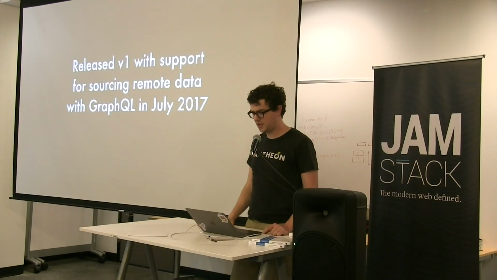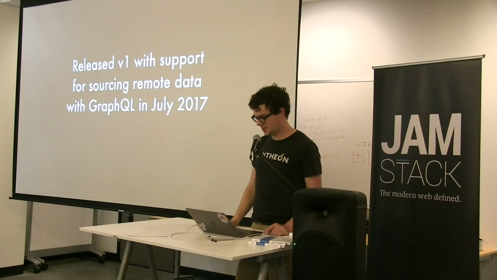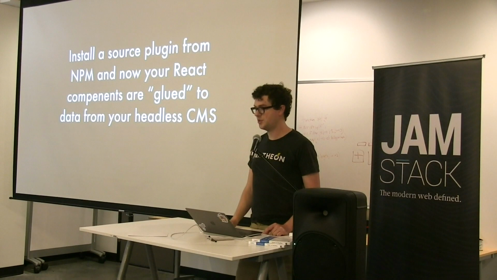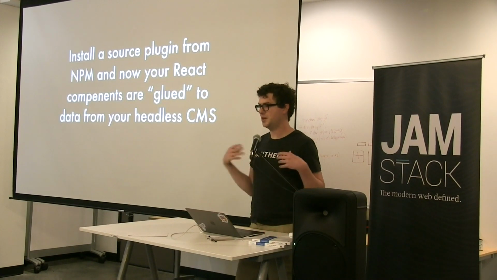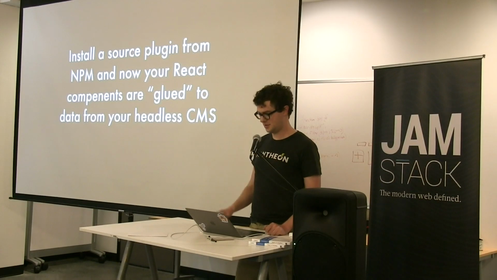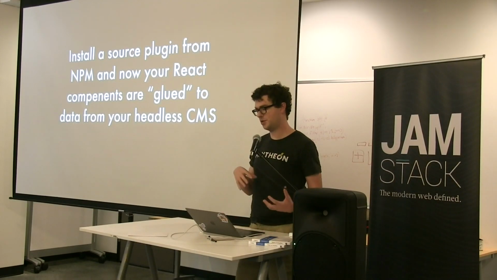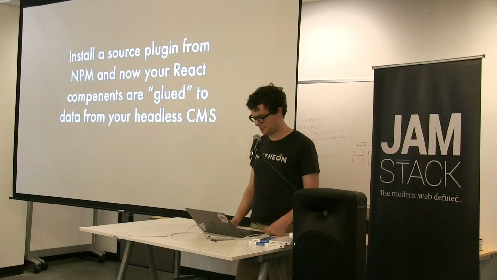That's what went into V1 of Gatsby, which was released just over a year ago, July 2017. Now you pick a CMS, you install the source plugin for that CMS, and then you can start writing GraphQL queries, and your React components are glued to the data from your CMS.